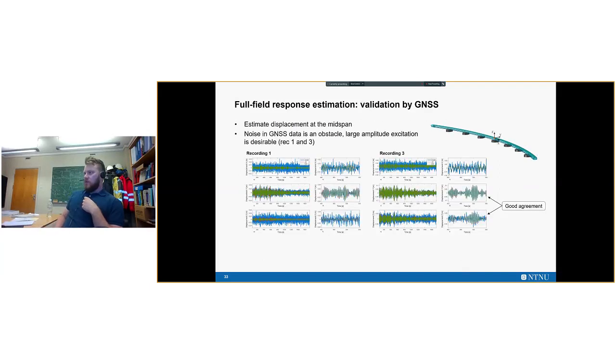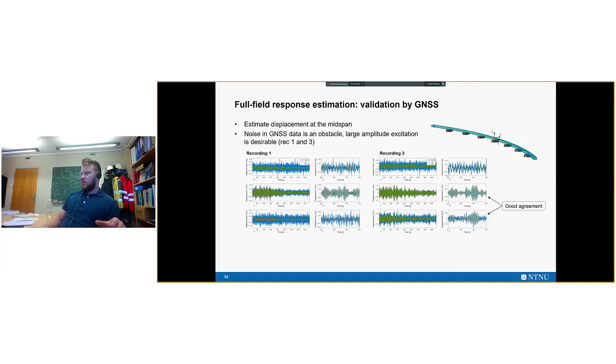So what we do here is that we estimate the displacement at the midspan, where we have a GNSS sensor that measures the displacements directly, and we try to use our state estimates at this point, or displacement estimates, and compare this directly with the displacement data from the satellite.